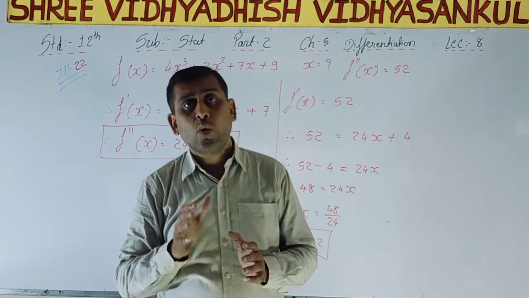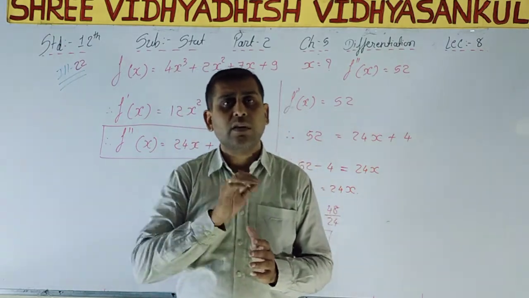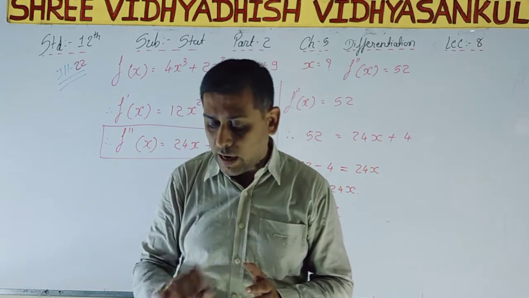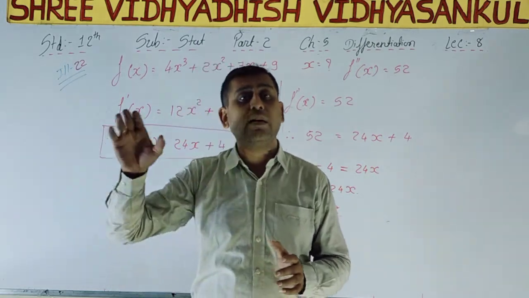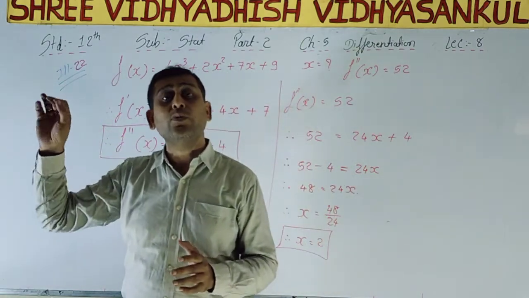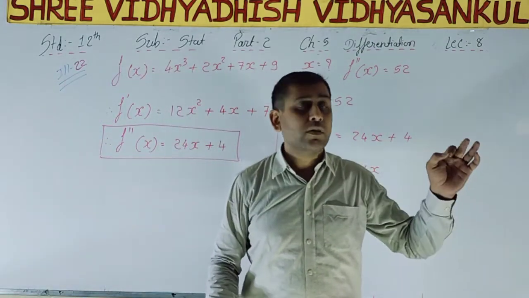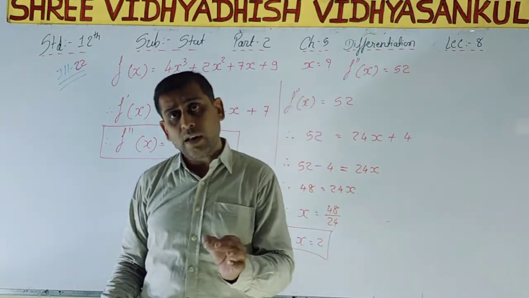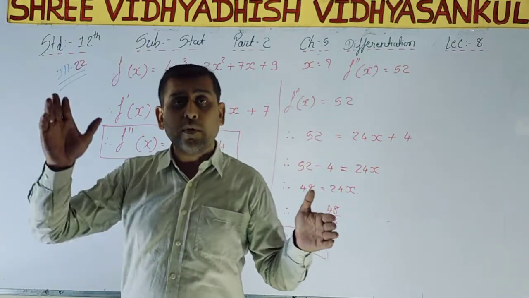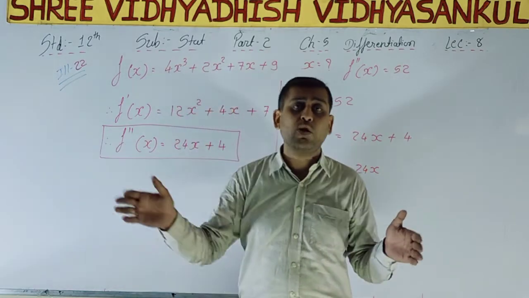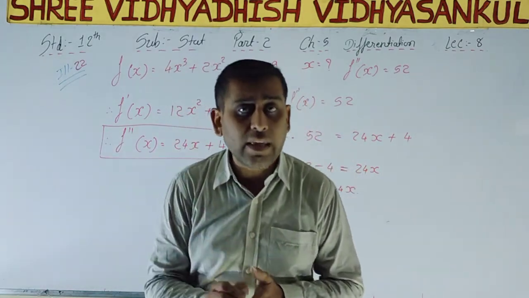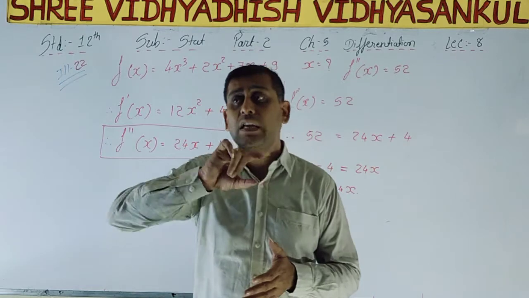Whenever the function is increasing, the value of the function increases by adding some positive number and decreases by subtracting some number. Then we will say that here the function is increasing.